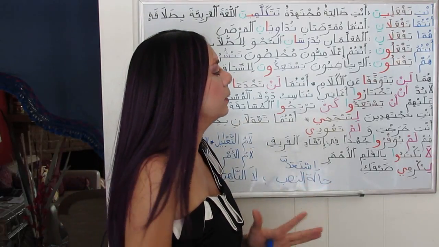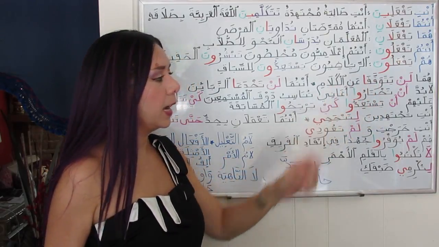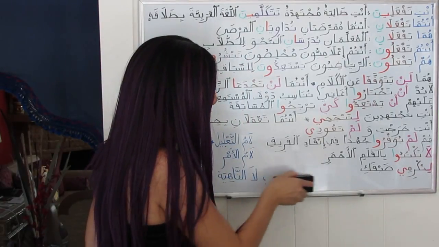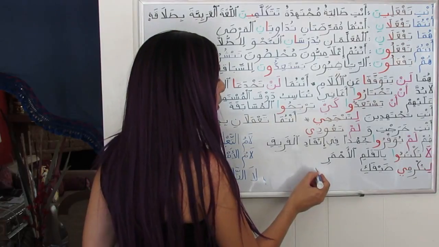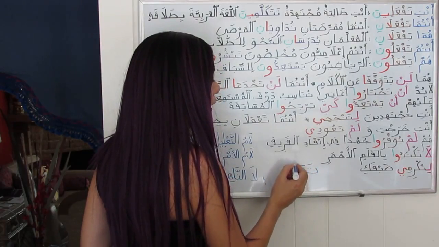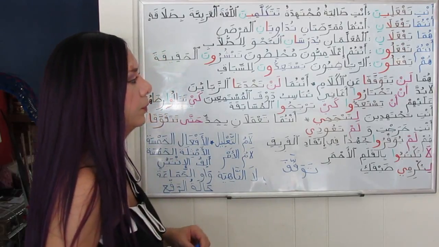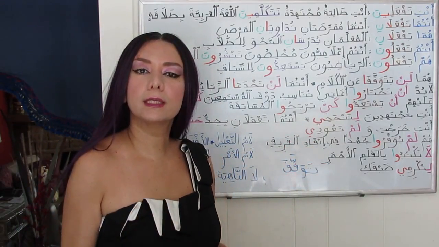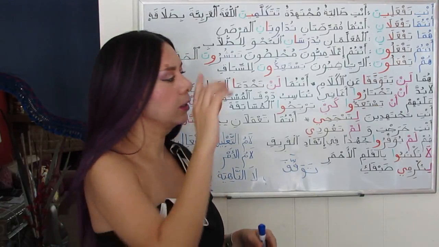Here are some examples. هما لن يتوقفا عن الكلام. So the verb توقف, form 5, to stop. So هما is third person dual masculine.